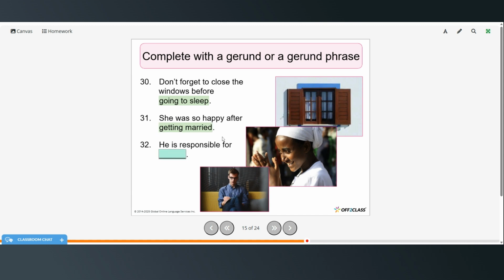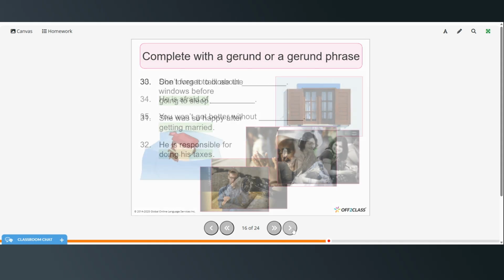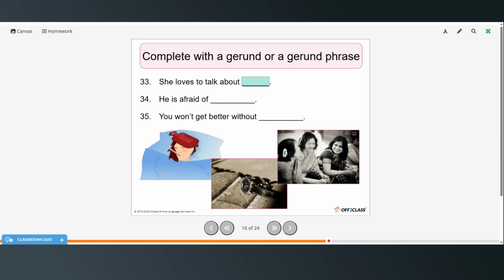He is responsible for doing his taxes. She loves to talk about playing with her grandchildren. He is afraid of dying. You won't get better without resting.